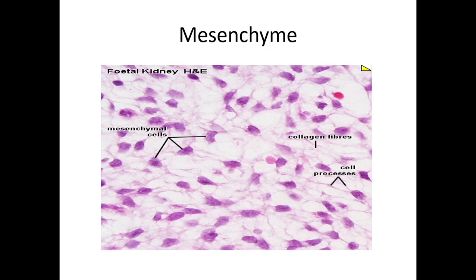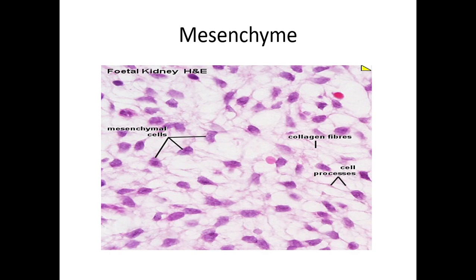So embedded in the mesenchyme will be the collagen fibers. And you can see the mesenchymal cells, which we call here undifferentiated mesenchymal cells, to be differentiated into cartilage cell.